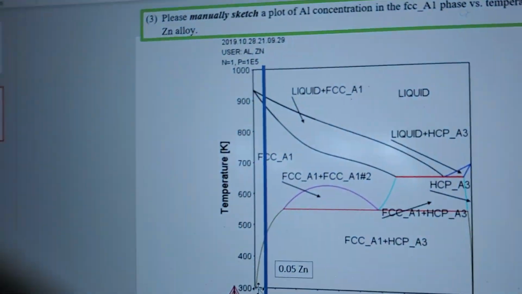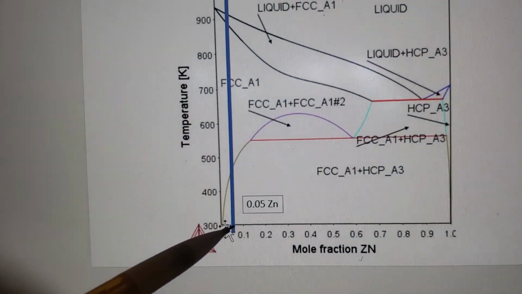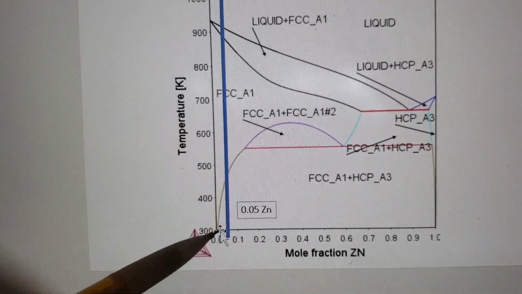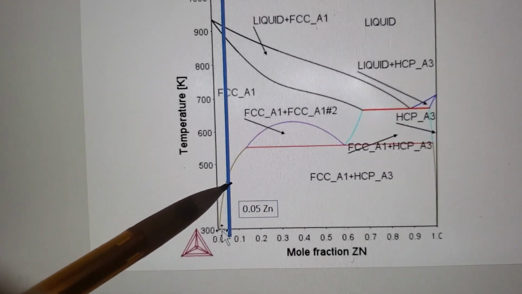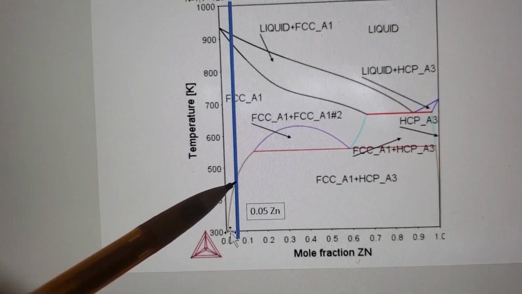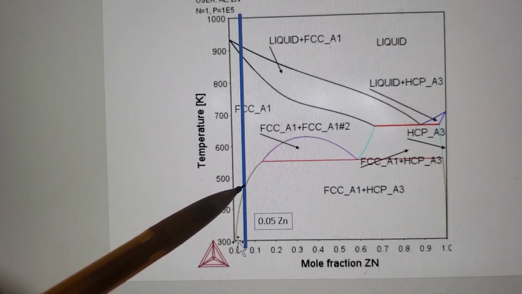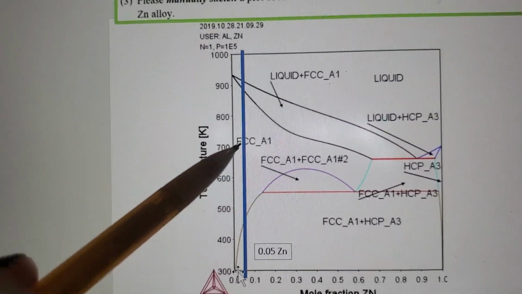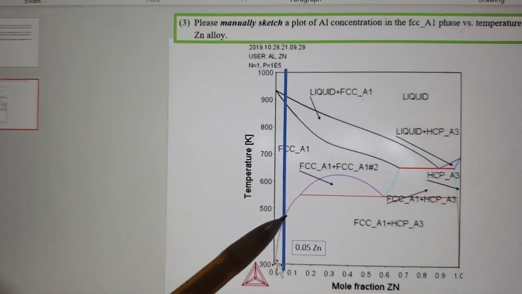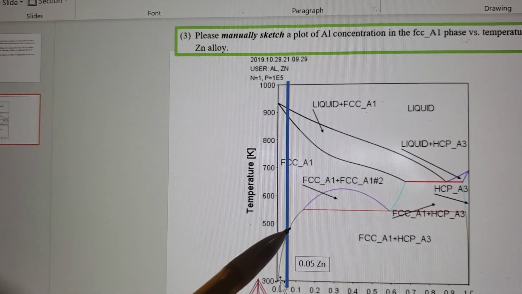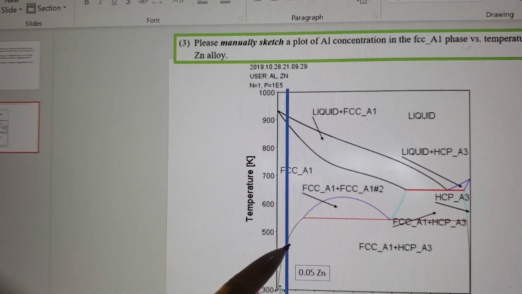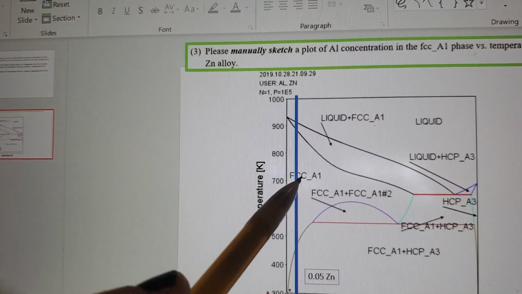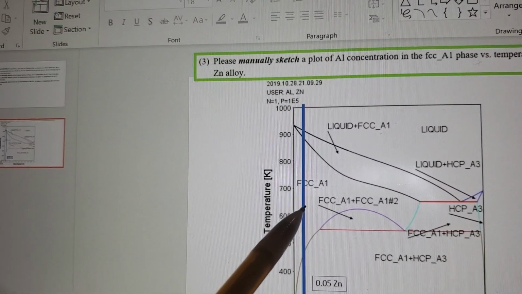All right, so in this region, it goes from FCC A1 plus HCP A3 up to this region right here, which is about 460 degrees Kelvin. And then at this point is when it's only FCC A1. So here, looking at this region, we know for the entire block from 460 to 890, we only have one phase, FCC A1.